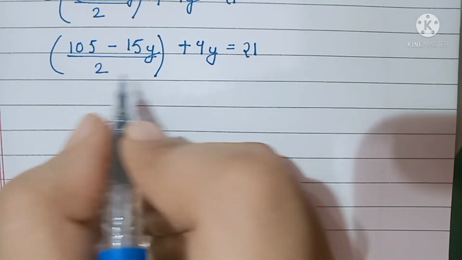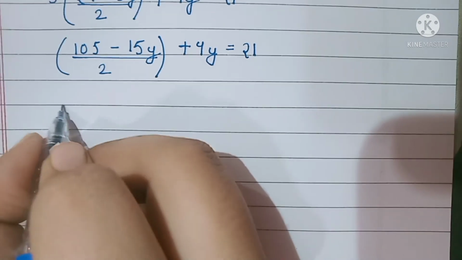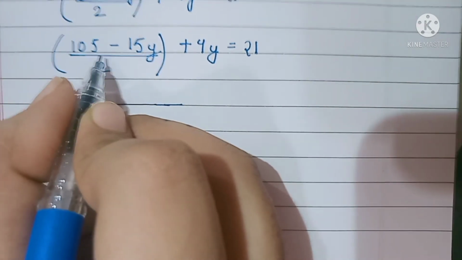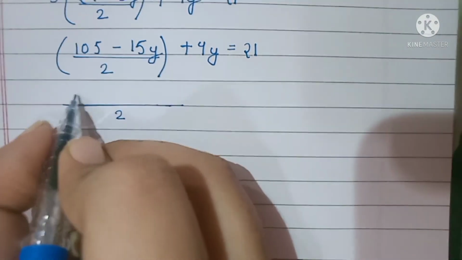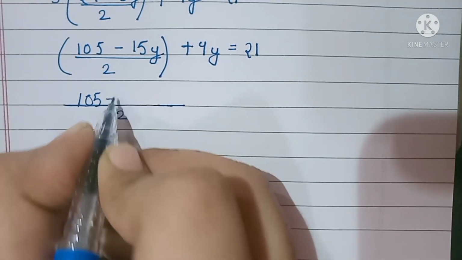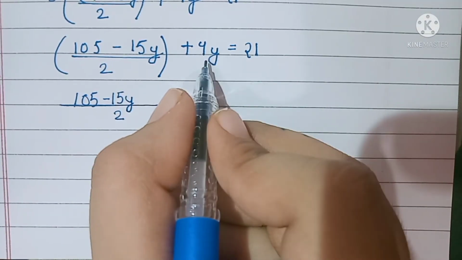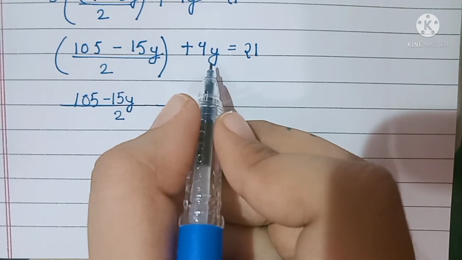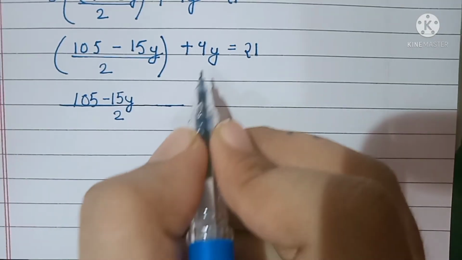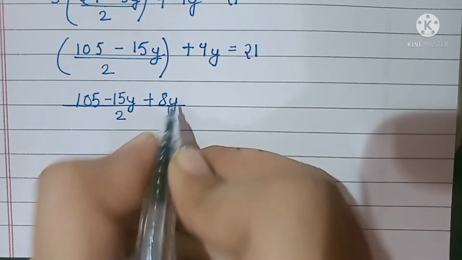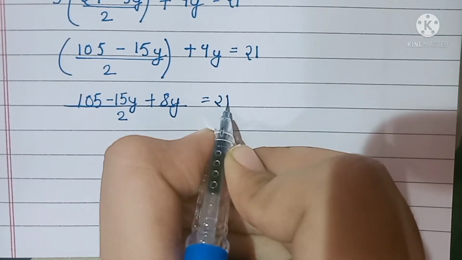Now we will take the LCM as whole. So 105 minus 15y will be copied. There is nothing below 4y, so it is considered 1. 1 divided by 2 is 2. 2 into 4y is plus 8y is equal to 21.